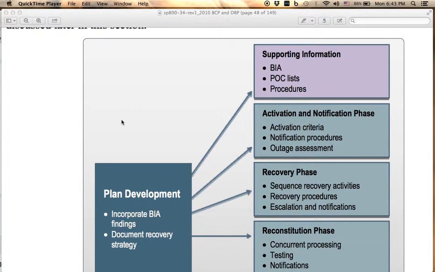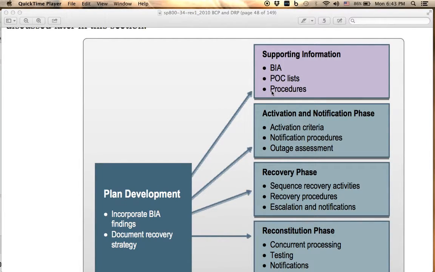The first component is supporting information, which requires the business impact analysis information and the POC, point of contact list, maybe relating to the internal and external persons in charge. For example, engaging the vendor or third party to support the activity described in the plan.